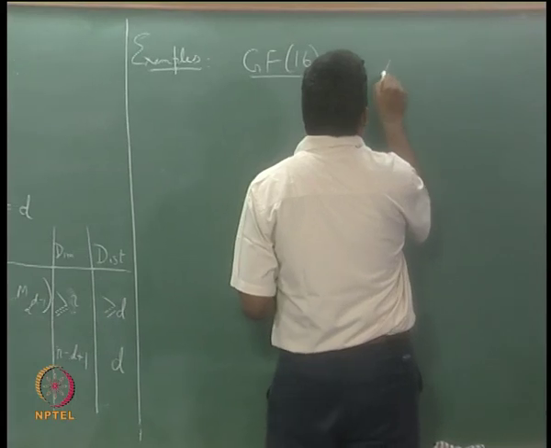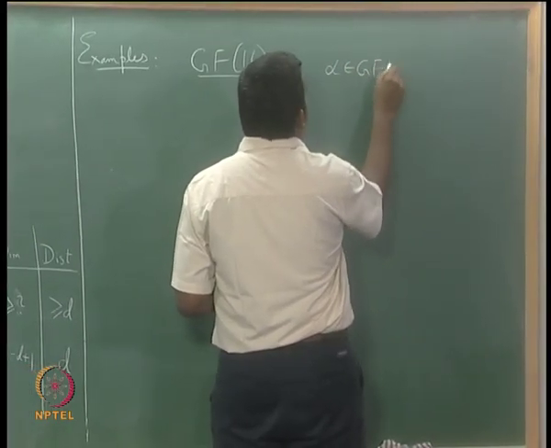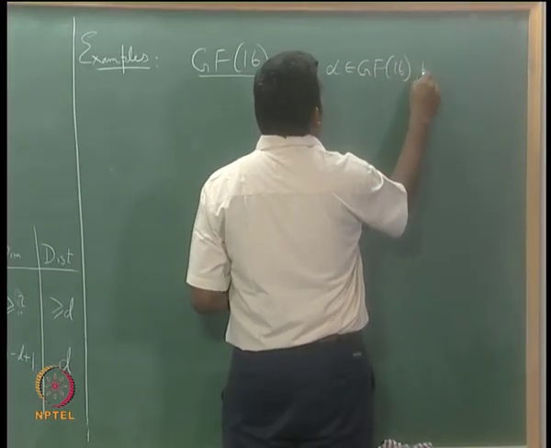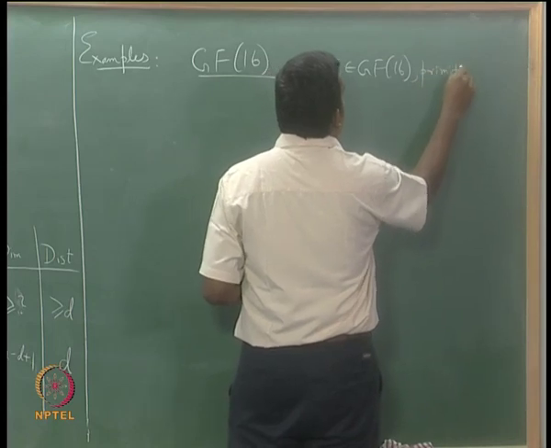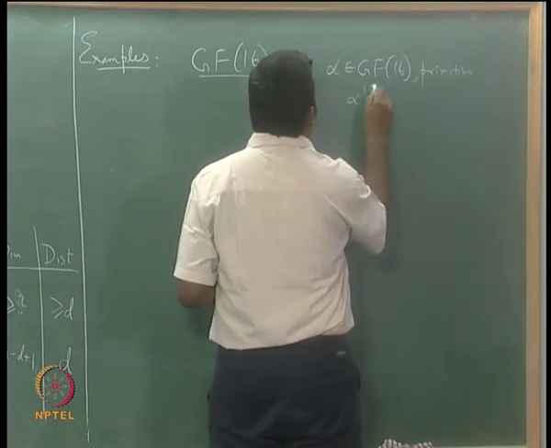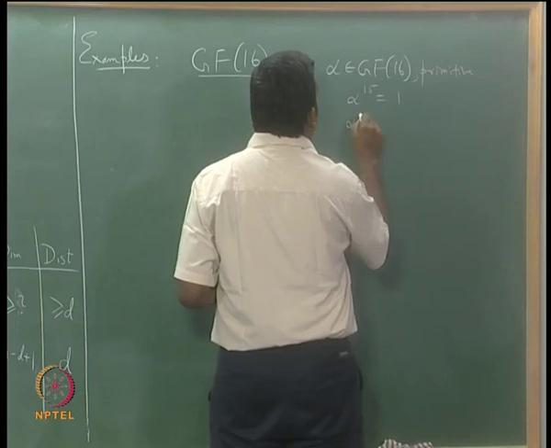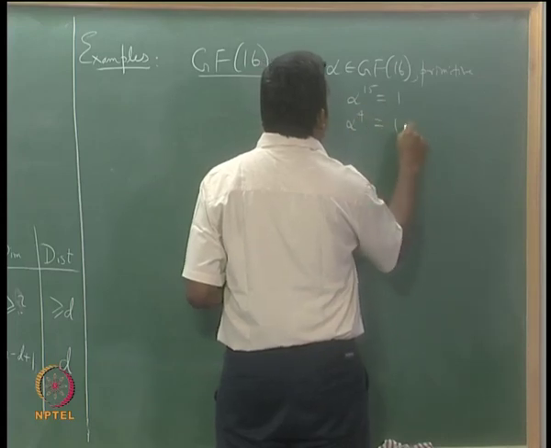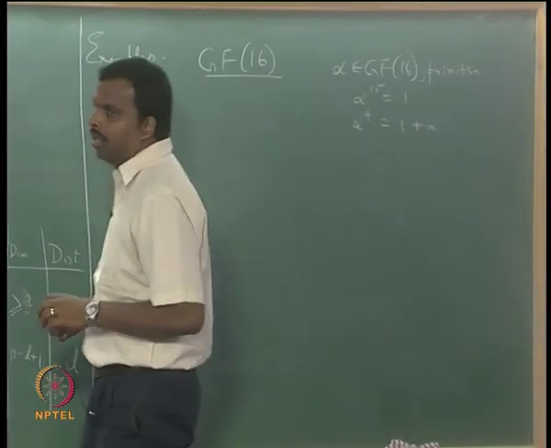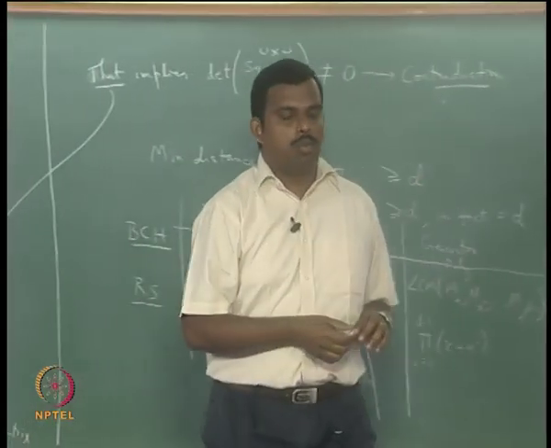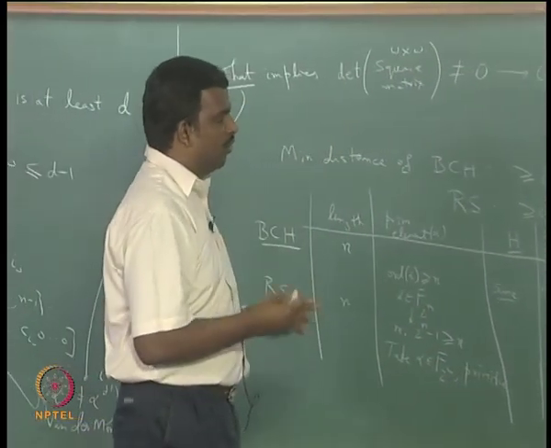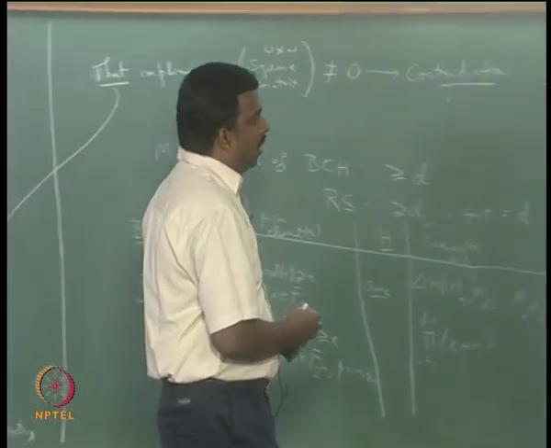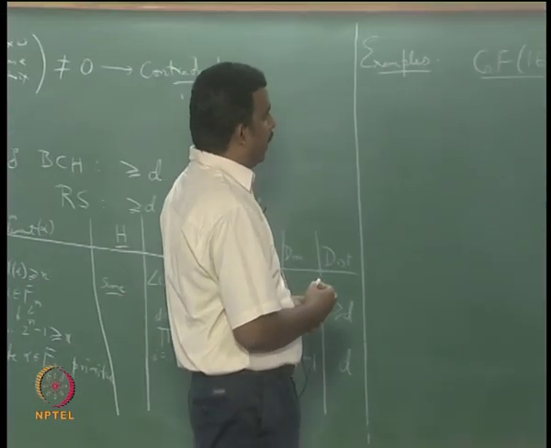So I'll start with alpha in GF16 being primitive. Remember, alpha power 15 is 1, and let's say alpha power 4 is 1 plus alpha. That would be the primitive polynomial I chose for the construction of GF16. So I get the field.